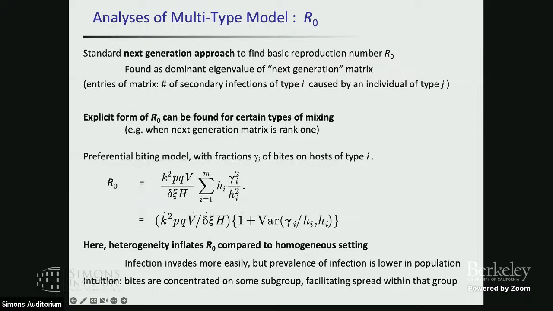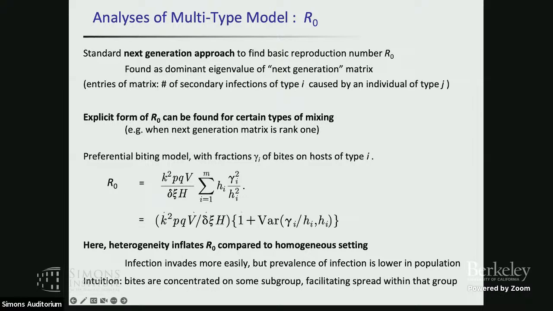So one example of this, which goes back to Chris Dye from the 1980s, is a preferential biting model, where mosquitoes allocate bites according to different fractions on different types of hosts. And it turns out you get a rank 1 next generation matrix.